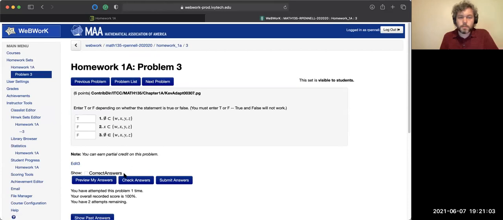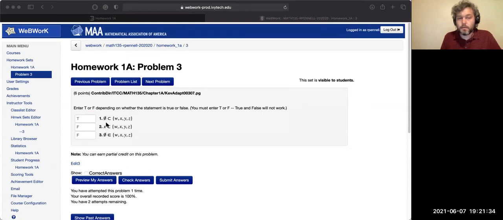Here we have some subset true and false questions. We kind of worked on this before, but let's see what we can do. Is the empty set a subset of this set? Well, the empty set's a subset of all sets, so that must be true. Is the element X a subset of this set? Well, that is not true, as we went through in lecture. That is not true because X is an element.